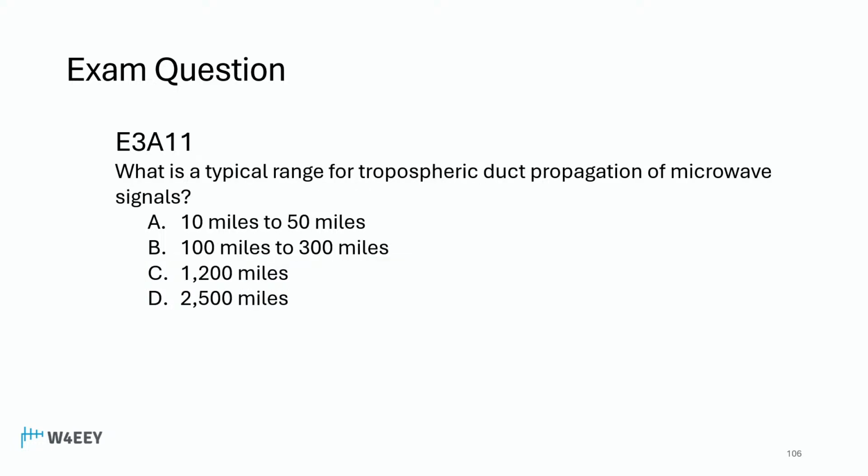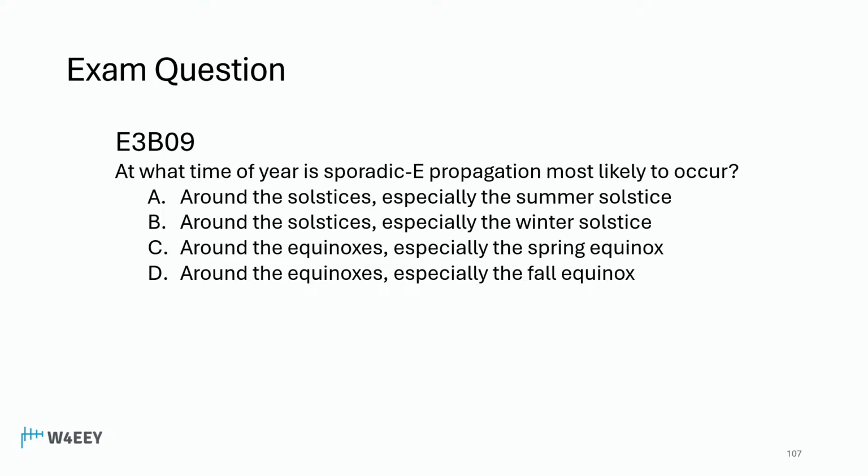What is the typical range for tropospheric duct propagation of microwave signals? See if you remember this one. Bravo. It was Bravo, 100 miles to 300 miles. At what time of the year is sporadic E propagation most likely to occur?